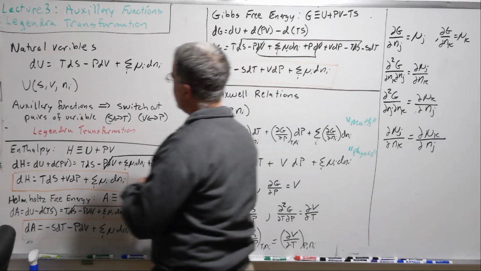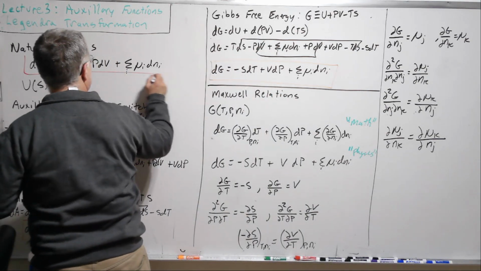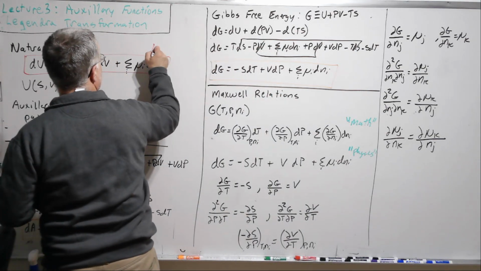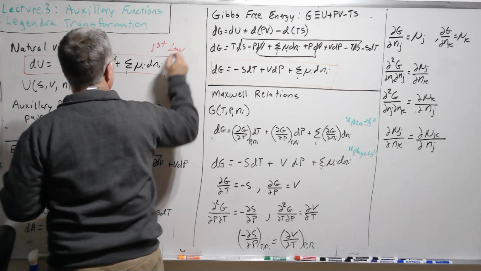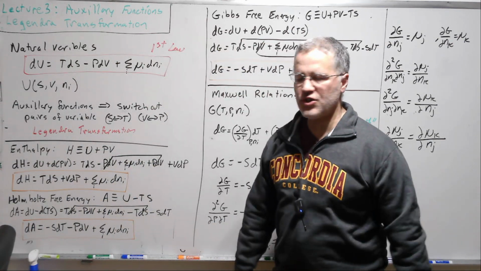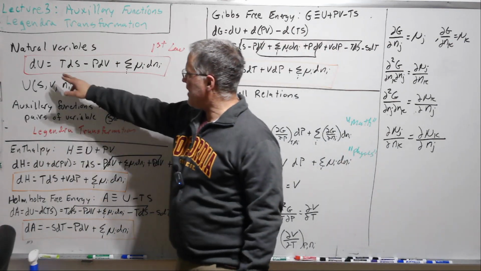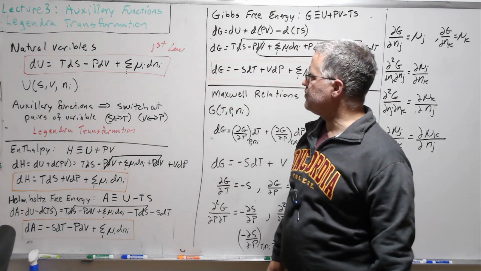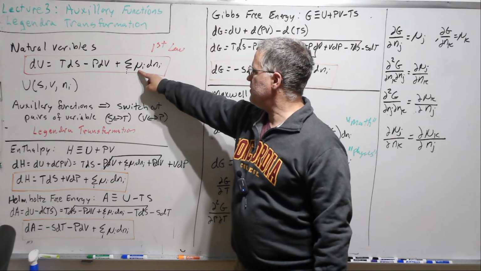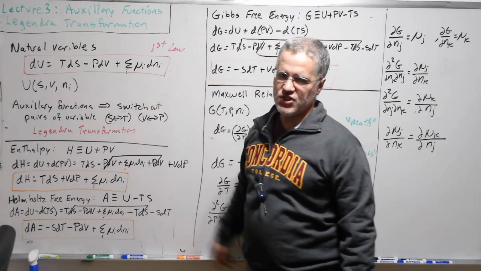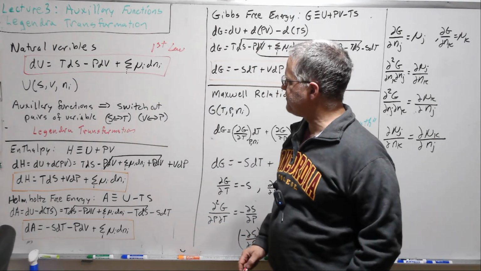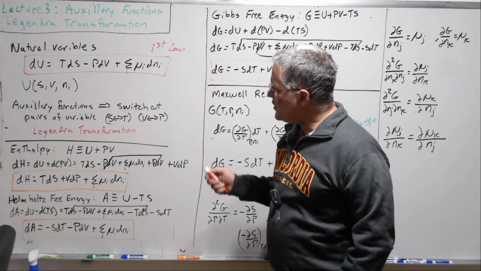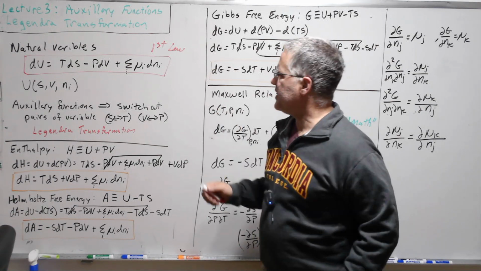So let's start with what we got last time, and that is the first law expression for total internal energy. And so we have dU is TdS minus PdV plus chemical potential times change in number of moles. Now what we can do is identify what are called the natural variables.